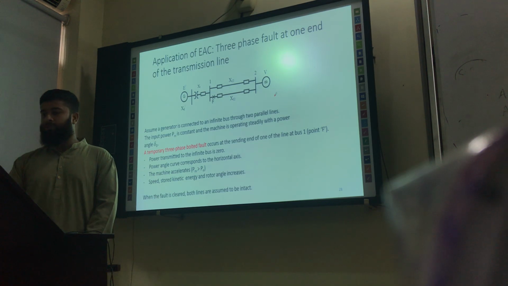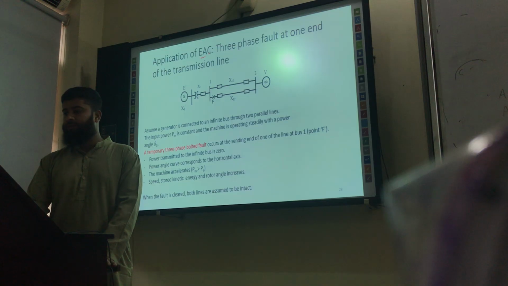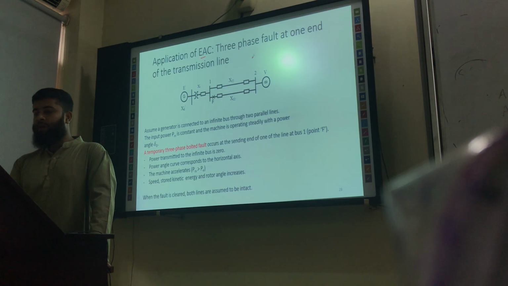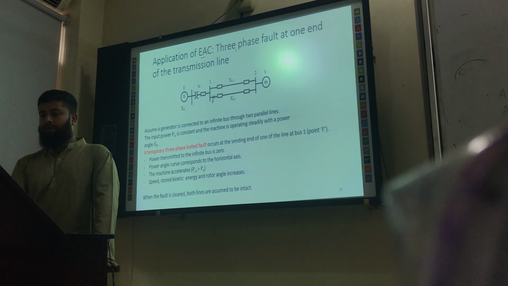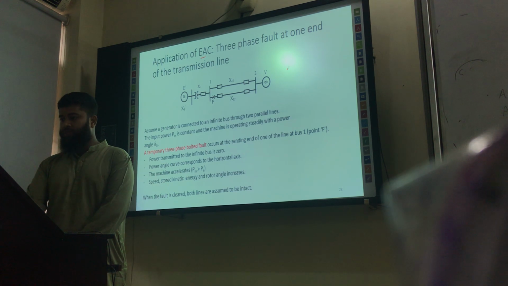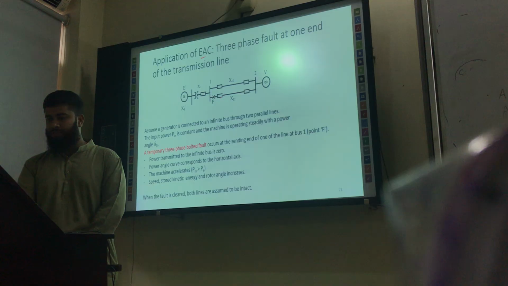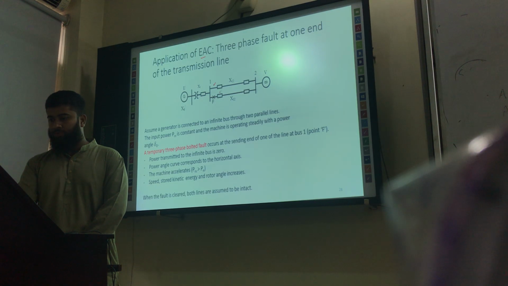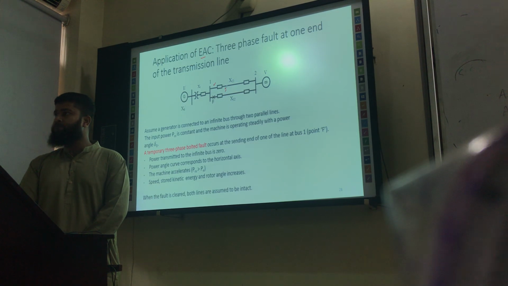So now this is another application of ESC, that is the three-phase fault at one end of the transmission line. So this is the fault at one end. These two lines are the transmission lines, and the fault F is represented here.